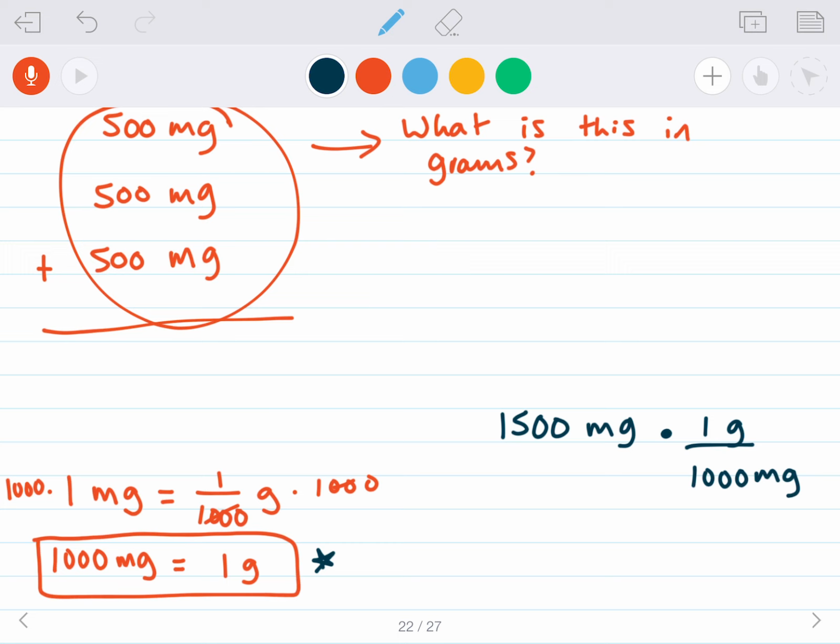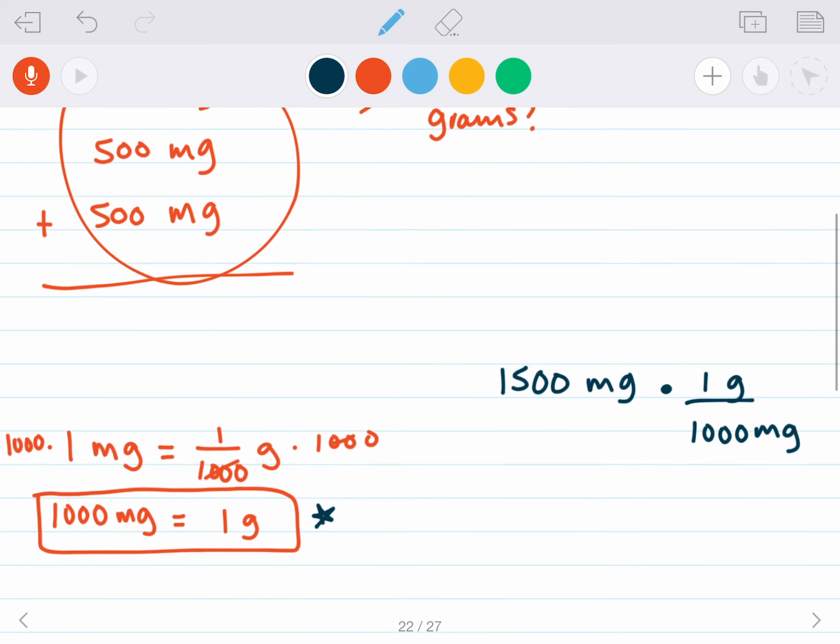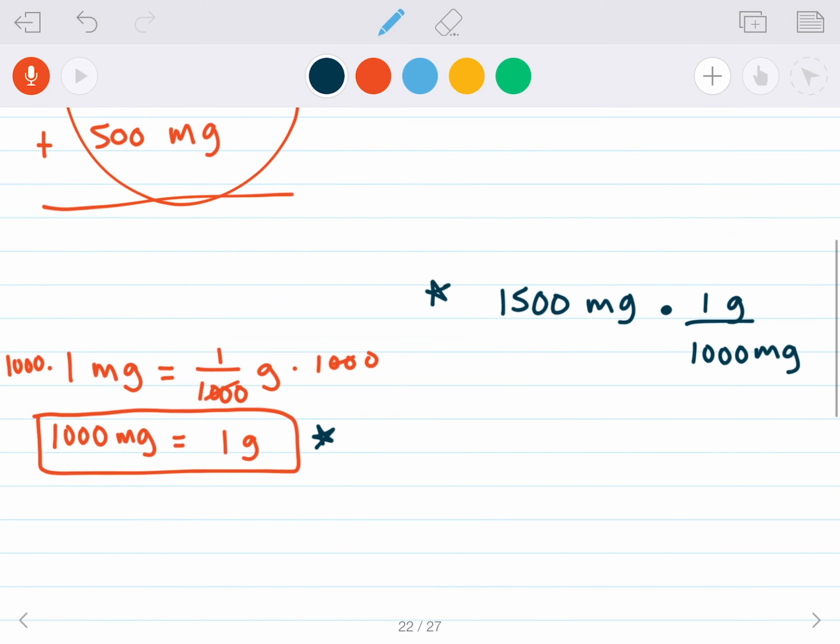Now let's stop and talk about why I just did this. Why am I allowed to do this? This is an important concept here, especially with you nursing folks. Look at this equality.